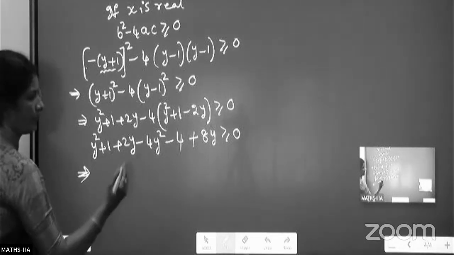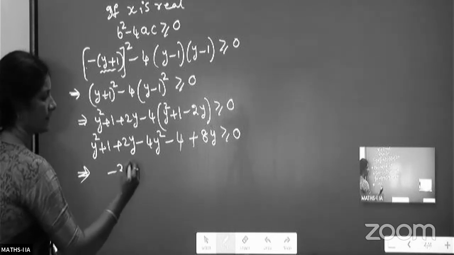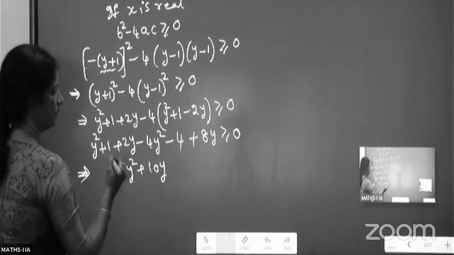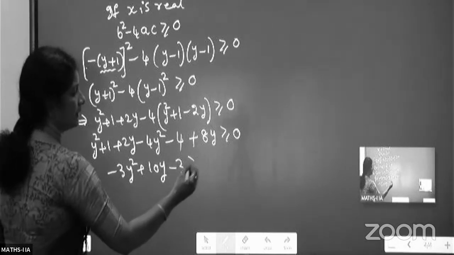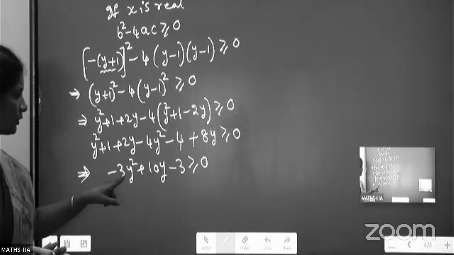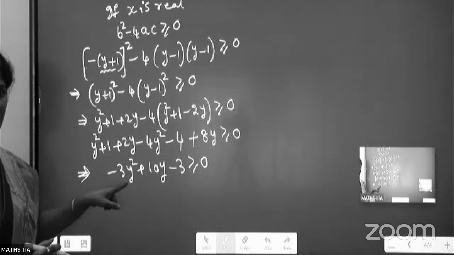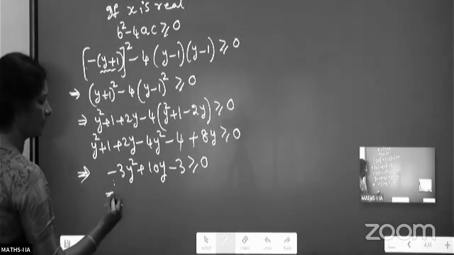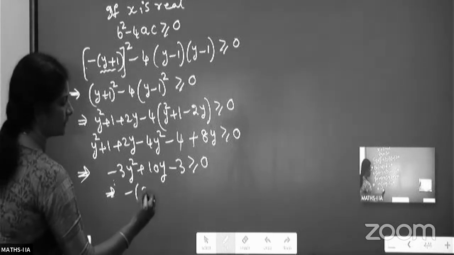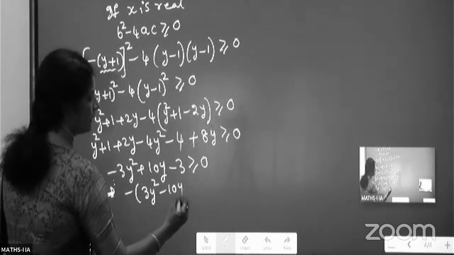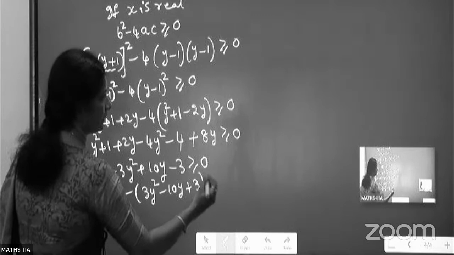Now y square minus 4y square, minus 3y square. 2y plus 8y, plus 10y. 1 minus 4, minus 3, greater than or equal to 0. Every time when you are going for the factor, the beginning of the equation, your expression must be positive. Here what we have? Negative we have. So what to do? Take minus common. If you take minus common, this becomes 3y square minus 10y plus 3 greater than or equal to 0.